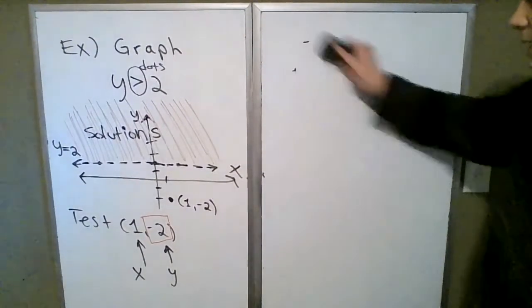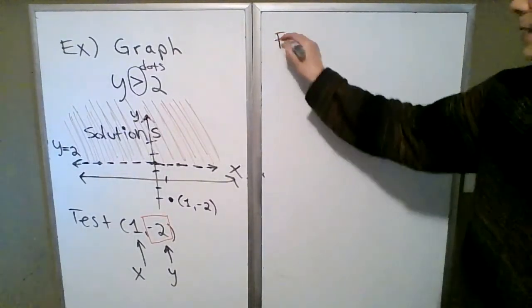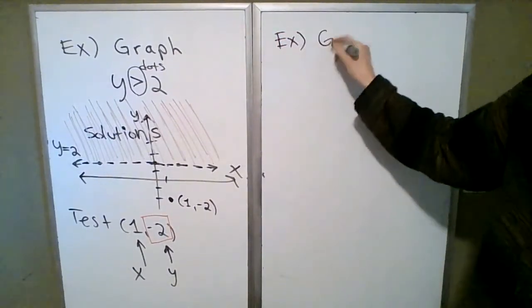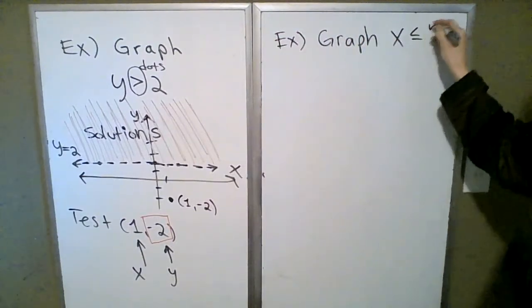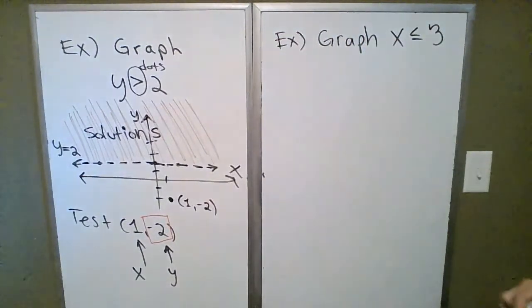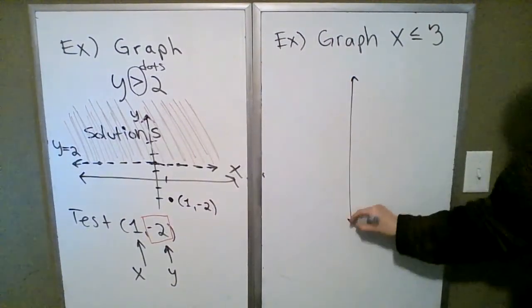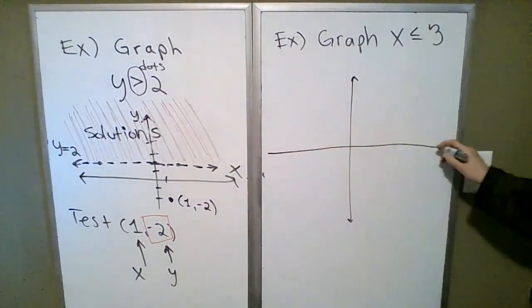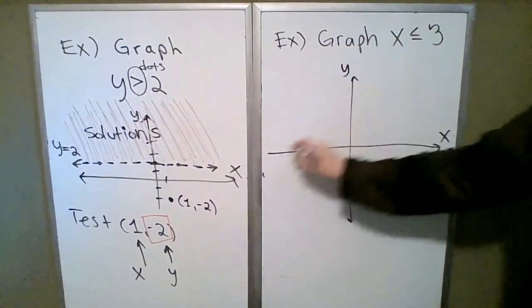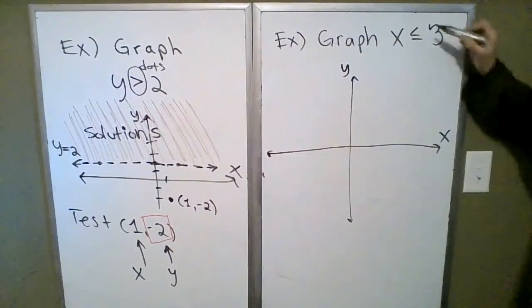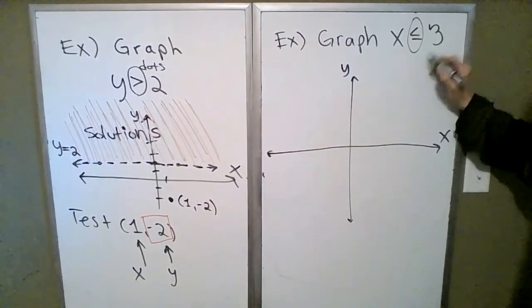We're going to look at x less than or equal to 3. X and Y. And we're going to have a solid line when we draw x equal to 3.